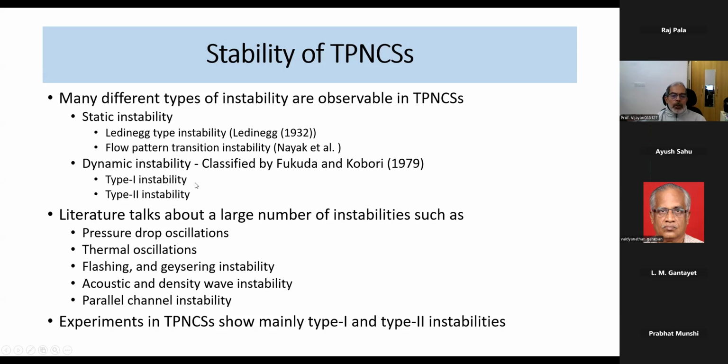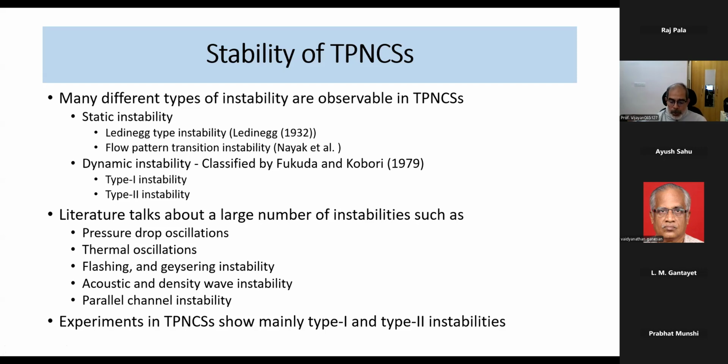Type 1 instability occurs at low quality and type 2 instability occurs at high quality. There are so many other instabilities which the literature talks about. They actually fall into one of these, mostly in type 1 instability, especially the acoustic and density wave instability, flashing and geysering instability. All these are covered in type 1 instability.